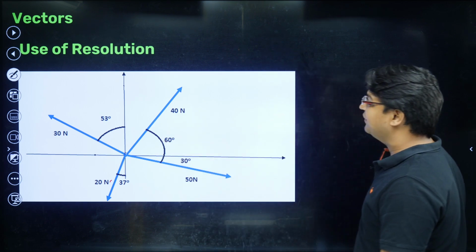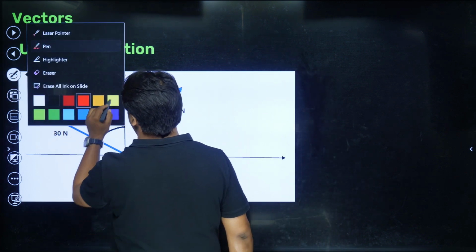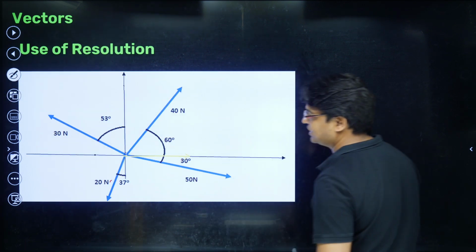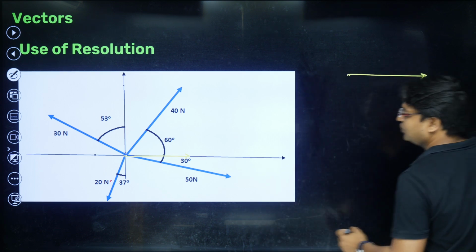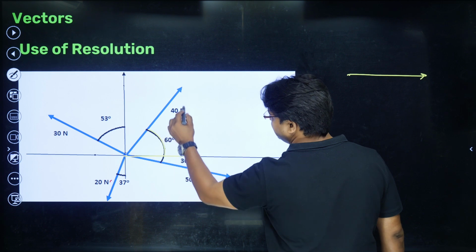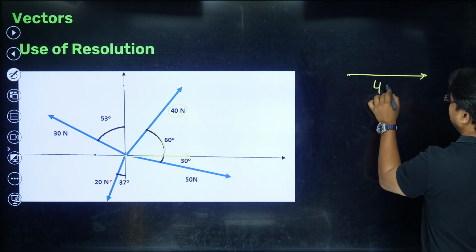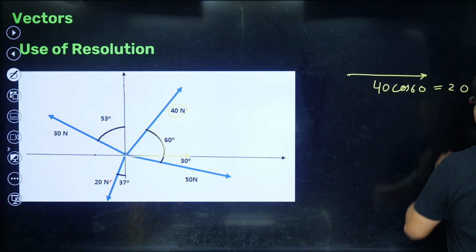So we will first resolve the vectors. This 40 Newton will have a component along the x-axis. I'll draw it here. One component will be along this, and you will acknowledge this angle is 60. So this component would be 40 cos 60, which is actually 20, since cos 60 is half.